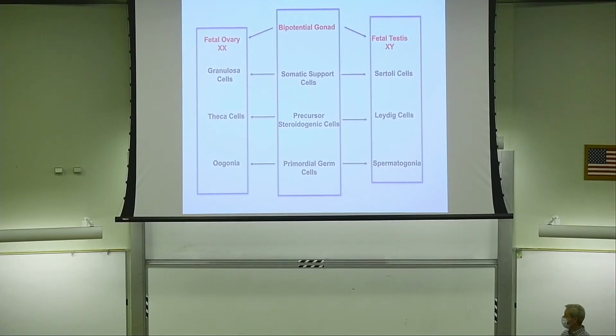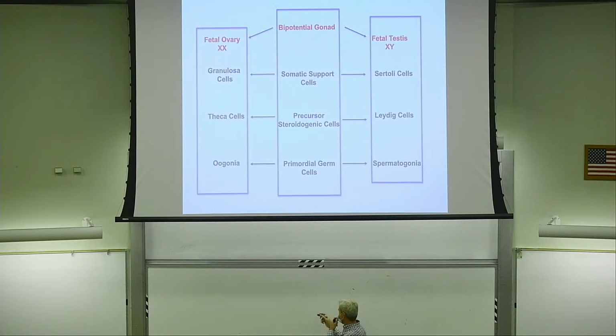Basically what I want to do right now, I want to focus again on the cells that are inside the bipotential gonad, okay? I told you yesterday, reproductive physiology is not conceptually very difficult. It's not about action potentials and pluses and minuses. It's nomenclature, okay? We give cells names and we give tissues names and we have hormones going some places, that's it.